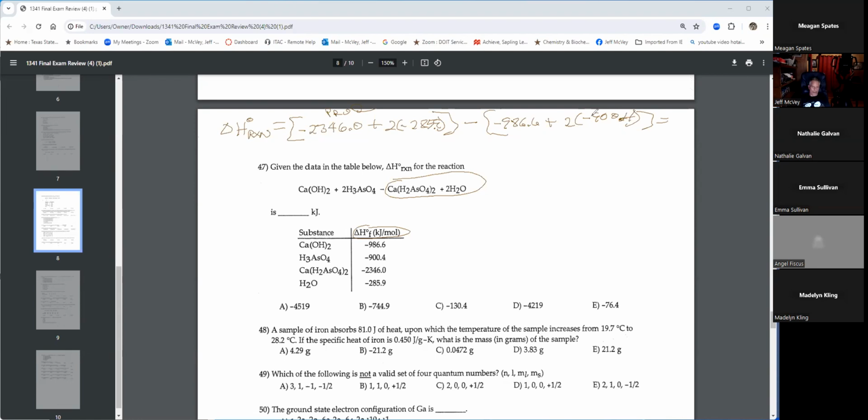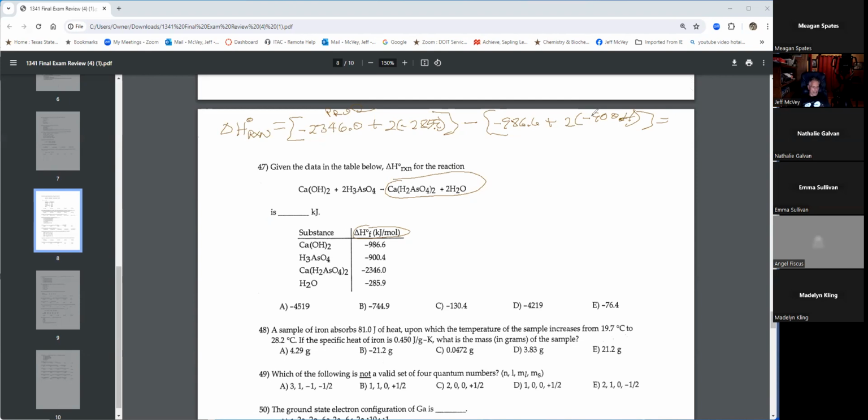Okay, so this is going to be a minus 986.6 plus 2 times a minus 900.4. It's really good if you know how to use your calculator, guys. Okay, I think that's got it.